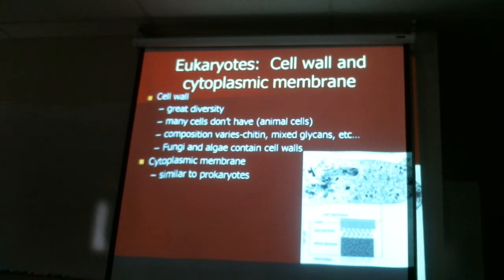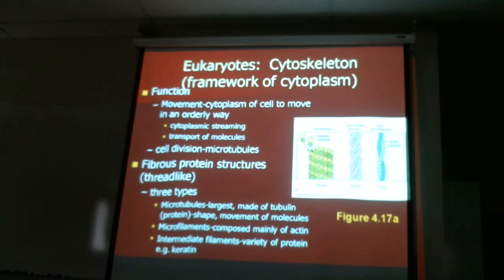So still that phospholipid bilayer with proteins associated. From the outside in, you might have a couple that have a glycocalyx, such as a capsule. You have fungi and algae that have cell walls, but the majority of the eukaryotic organisms do not have a cell wall.